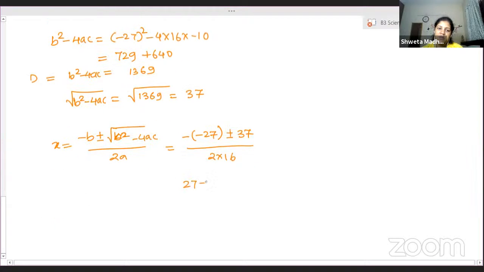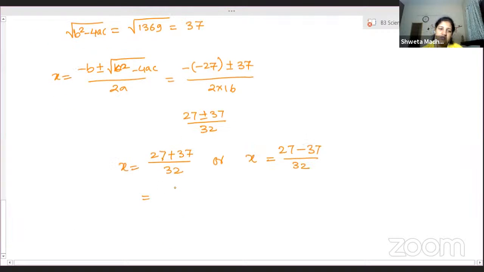So minus minus plus, plus minus 37 by 32. One value of x by taking plus sign is 27 plus 37 by 32, and another value of x by taking negative sign is 27 minus 37 by 32.